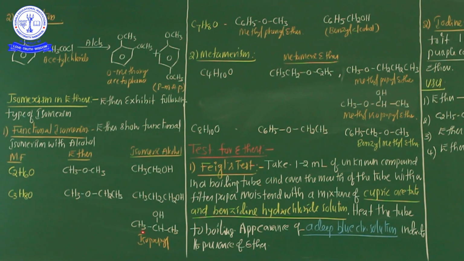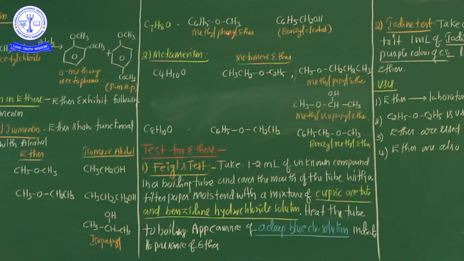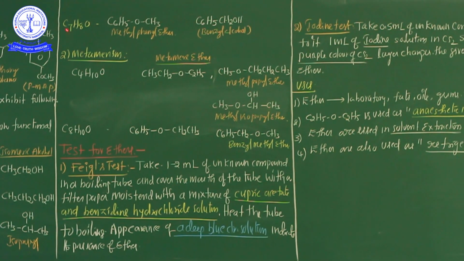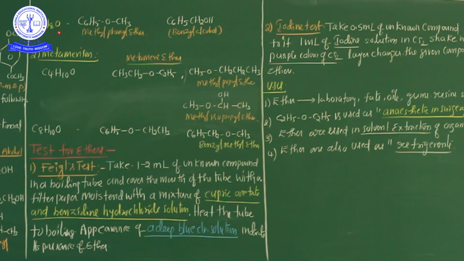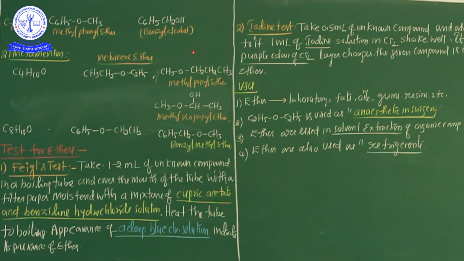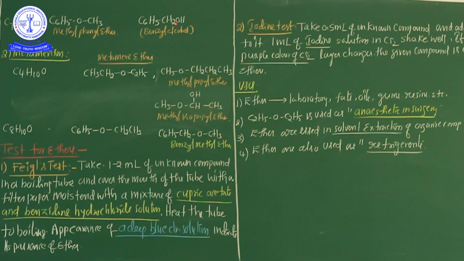One more example, C7H8O. Methyl phenyl ether is the ether structure, and one more structure is the alcohol, benzyl alcohol, C6H5CH2OH.